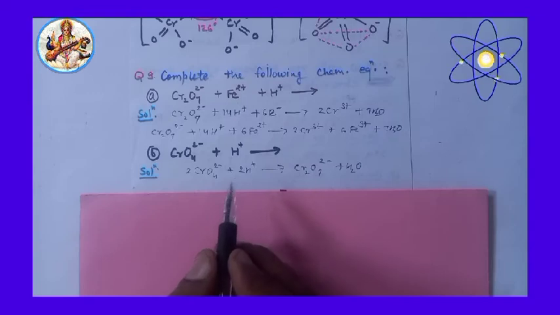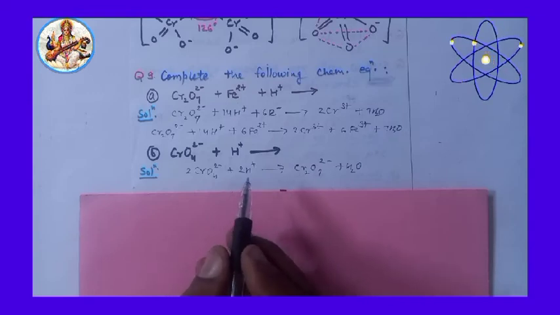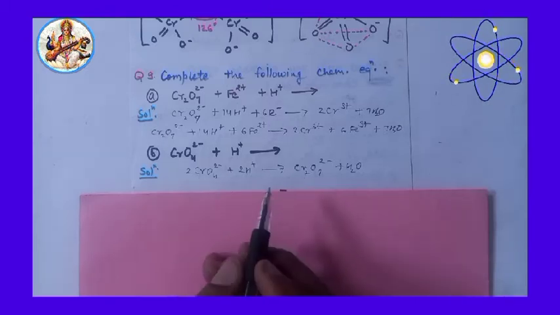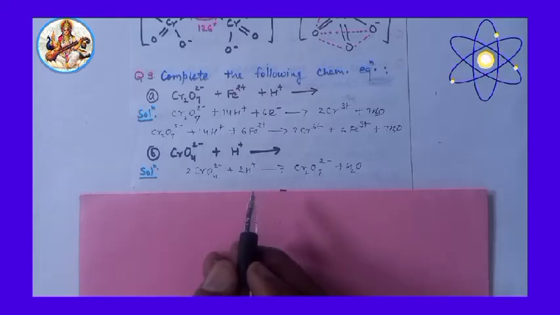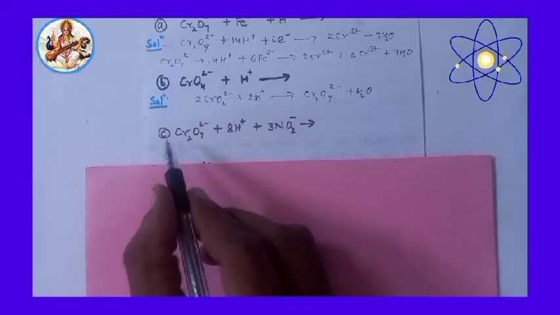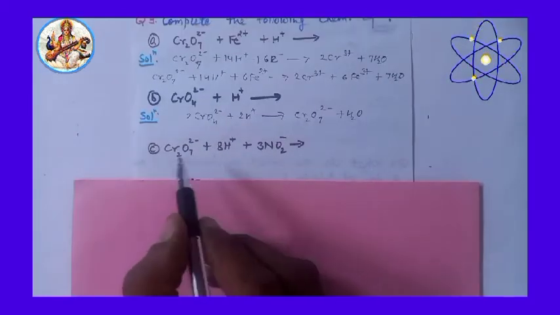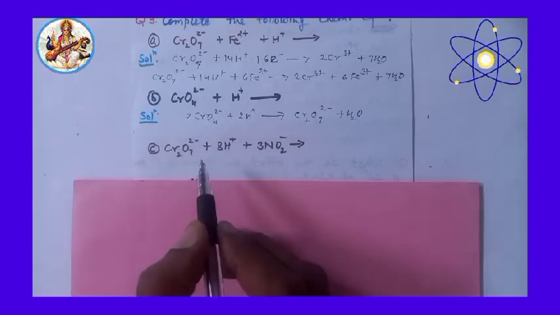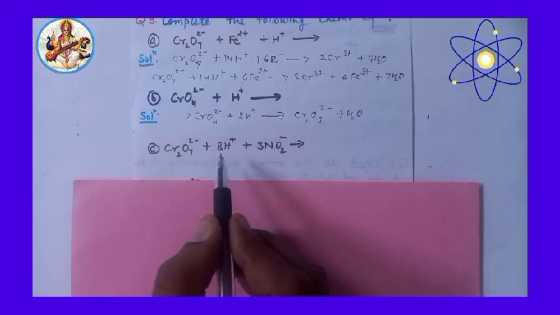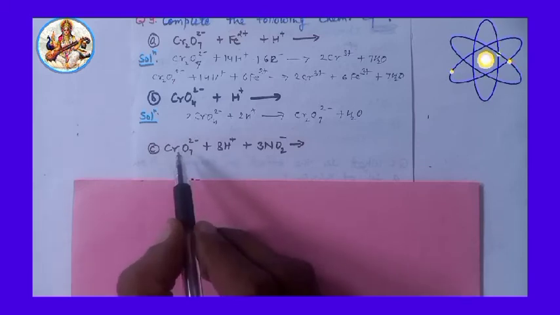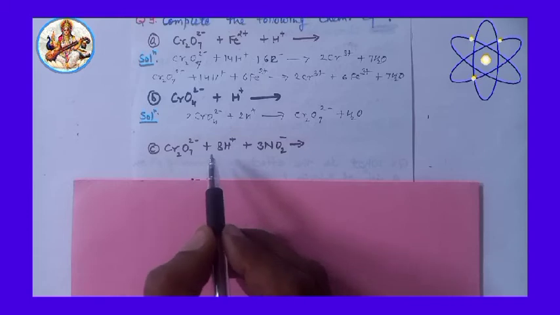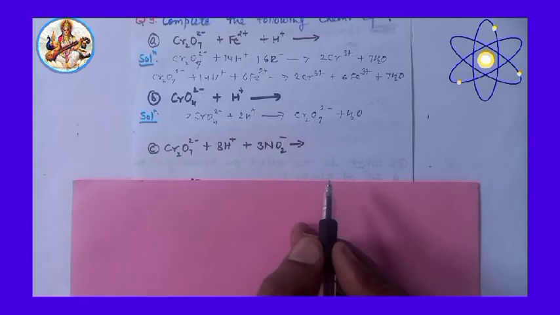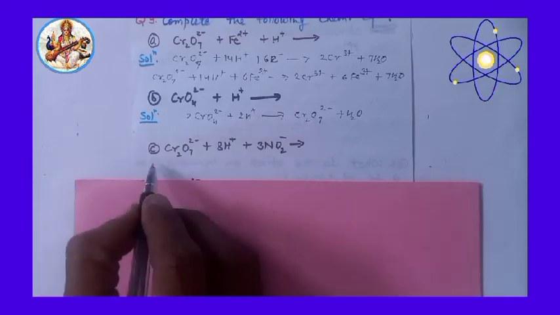Very important conversion. We can say in simple words, by changing the pH of the solution, chromate and dichromate ions may be interconverted. Next, third, we know that dichromate ions act as an oxidizing agent in acidic medium, so it oxidizes acidified nitrite into nitrate salt.